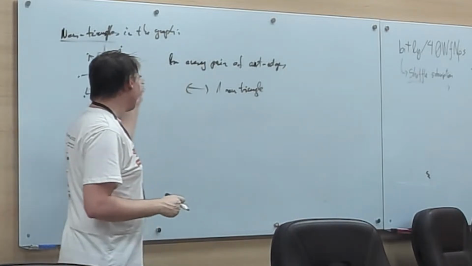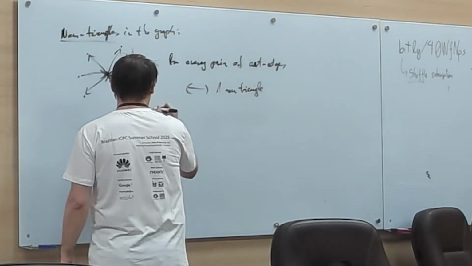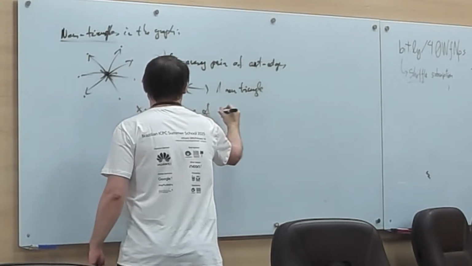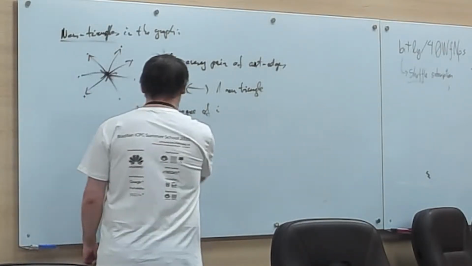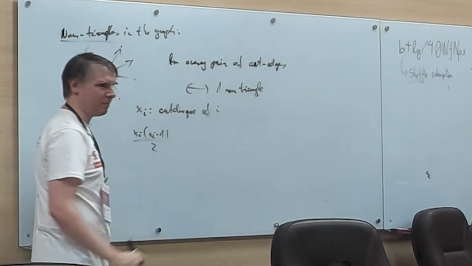So what is the number of pairs of out edges? Let's say that xi is the out degree of i. You need to choose 2, so it's xi times (xi minus 1) divided by 2.